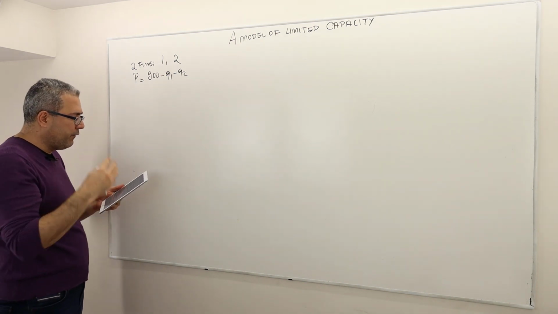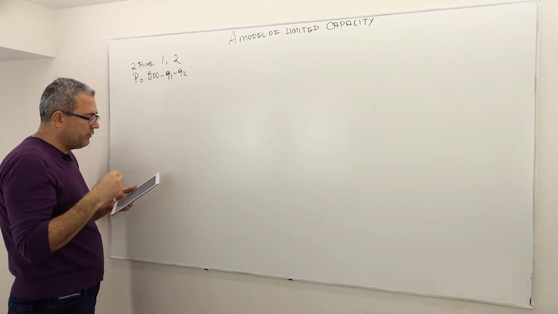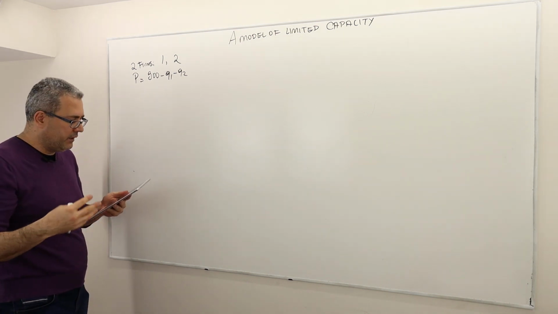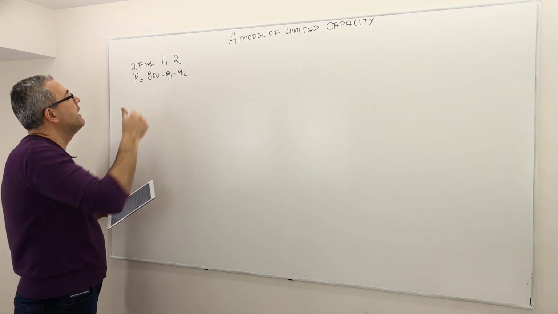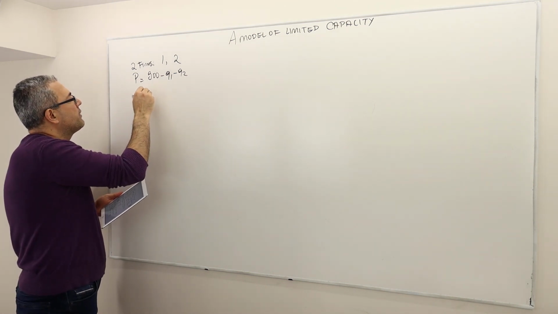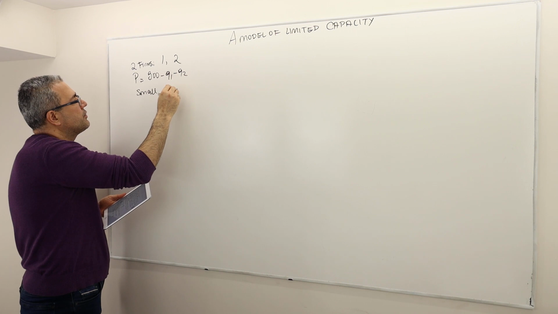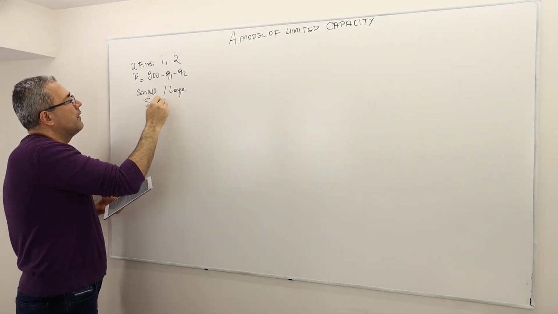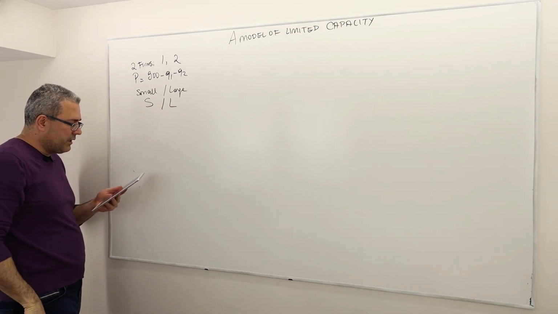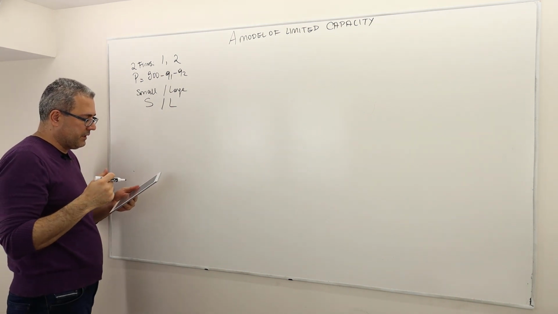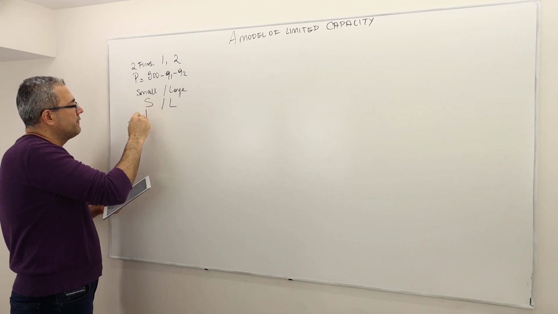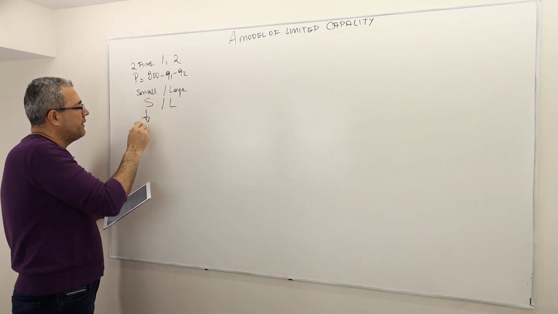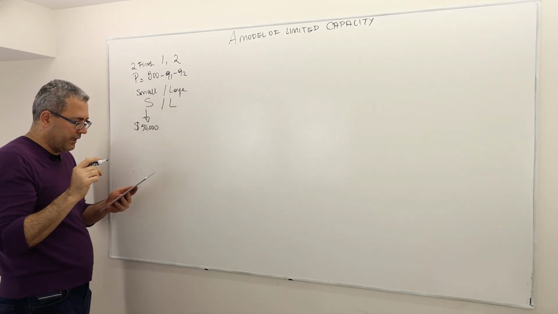But before entering this market, they need to decide how big a production facility they want to build. They can build a small production facility or a large production facility. I'm going to call them S versus L. The small production facility requires an investment which is going to cost $50,000, or 50K.